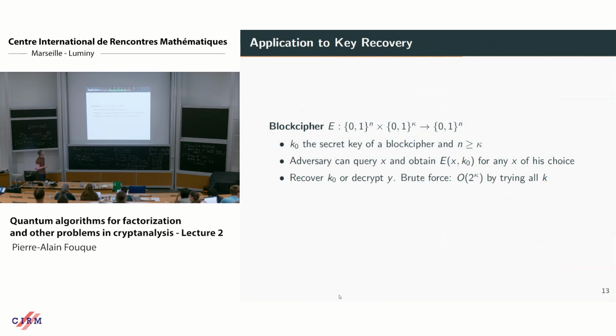So the adversary can always query X and receive the corresponding ciphertext. Assume that he got a plaintext and ciphertext pair, called Y, and he wants, in fact, to recover the key K0 that maps X to Y.